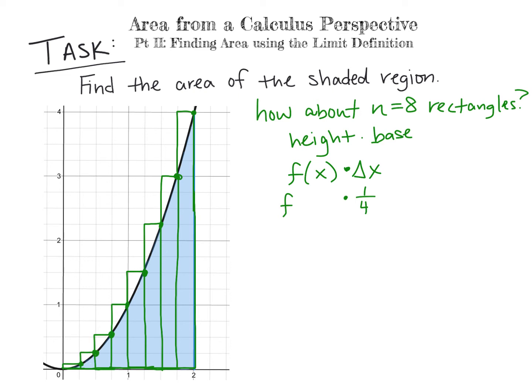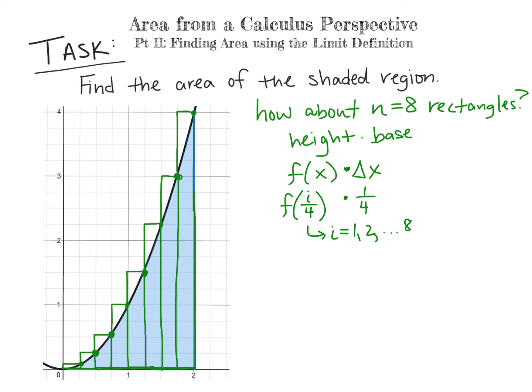Then, to find all of these specific x values, we've gone out 1/4 once, 1/4 twice, 1/4 3 times, all the way out to 1/4 8 times. Therefore, our x value is 1/4 i, or i over 4, where i spans between 1 and 8.